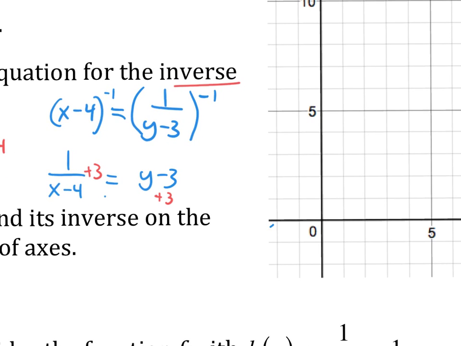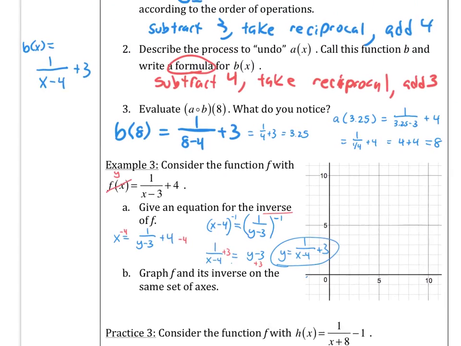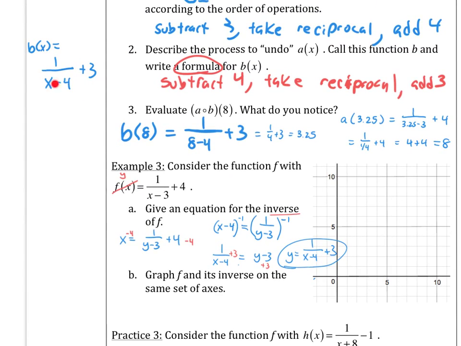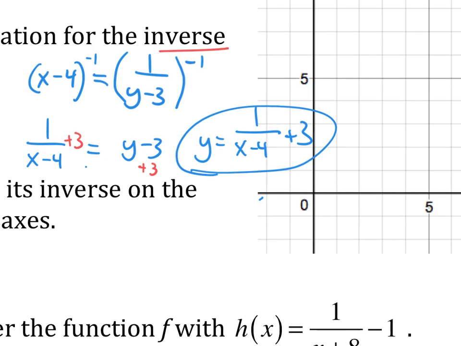And so now my ultimate function here is y equals 1 over x minus 4, all plus 3, like that. So the other one was not 100% easy, but over here you could kind of think it out. But you never really have to do that, because all you have to do is switch the x and the y, and then solve for y, especially if it's a function.